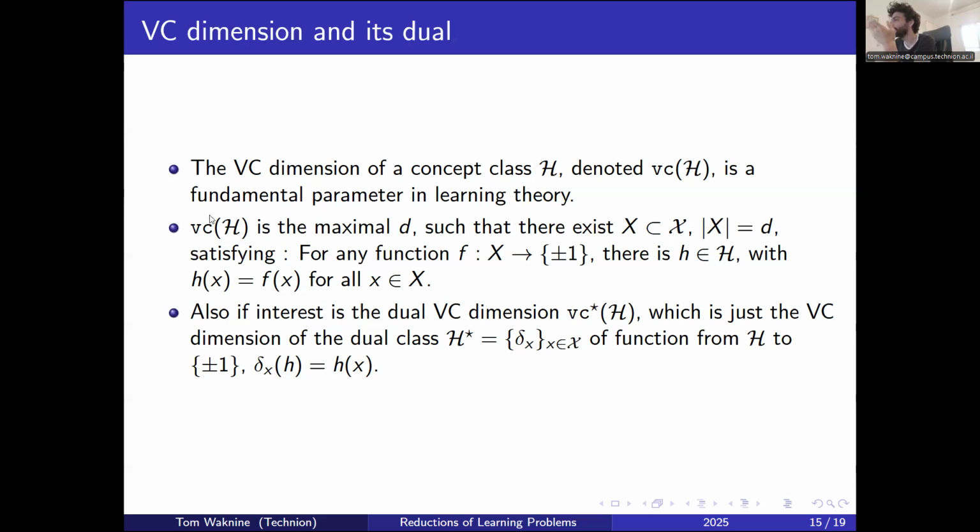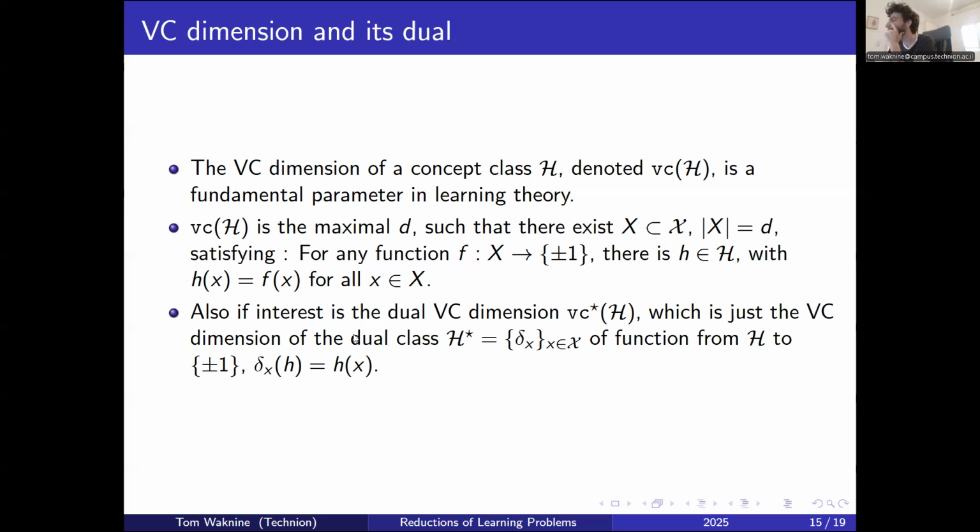You have the VC dimension. You also have the dual VC dimension, which is the VC dimension of the dual class. In the dual class, you swap the roles of x and h. So your functions are parameterized by the point x, and their input is functions h, and the point x applied to functions h gives you h of x.